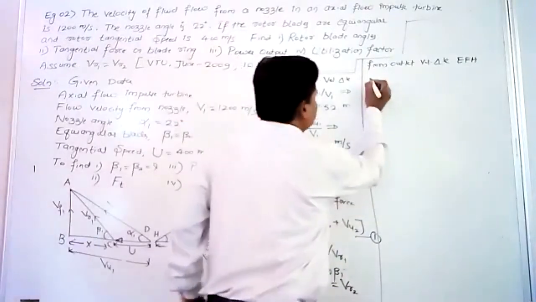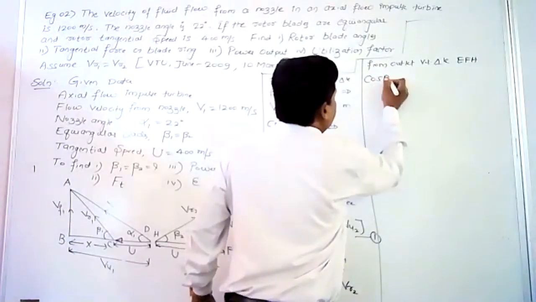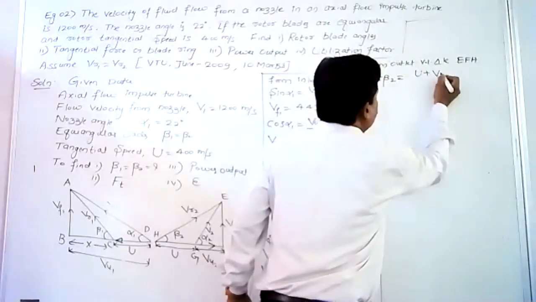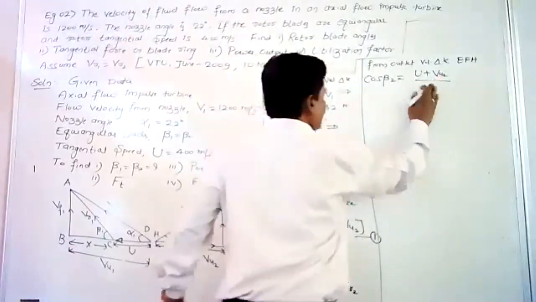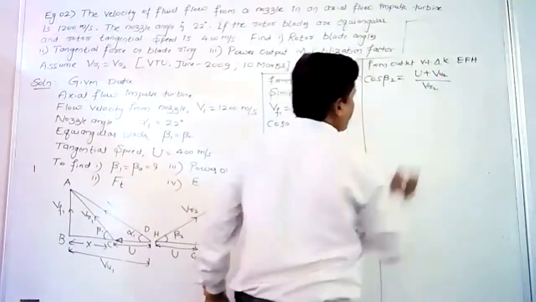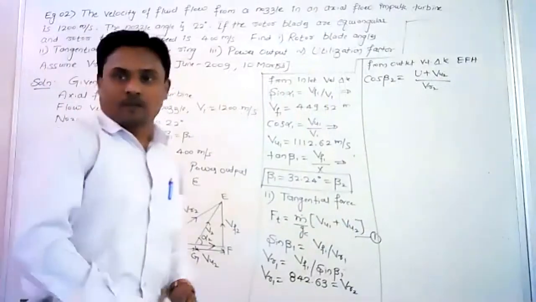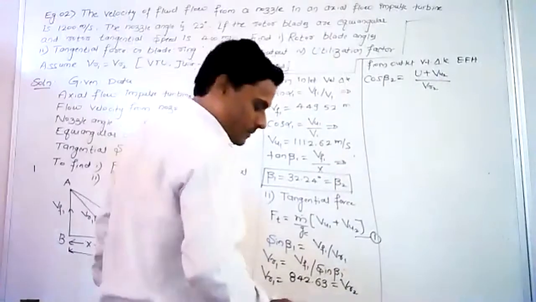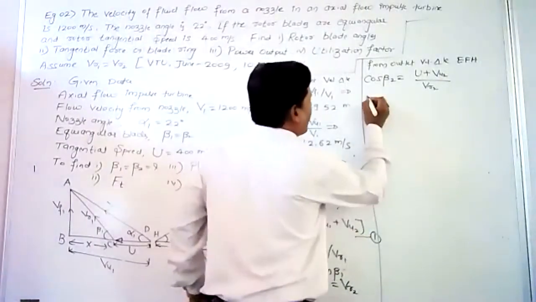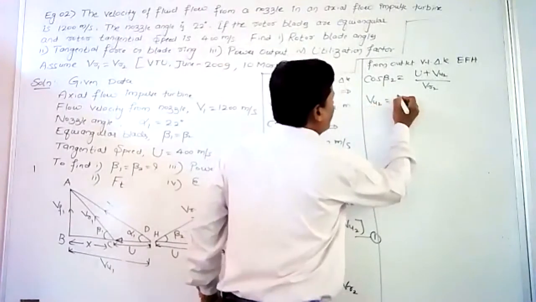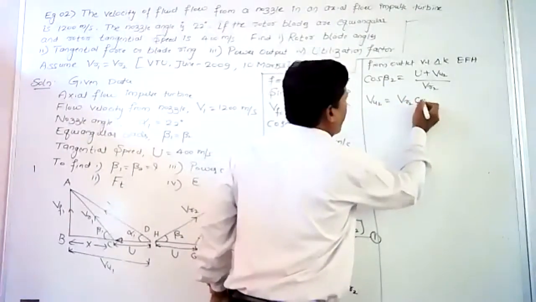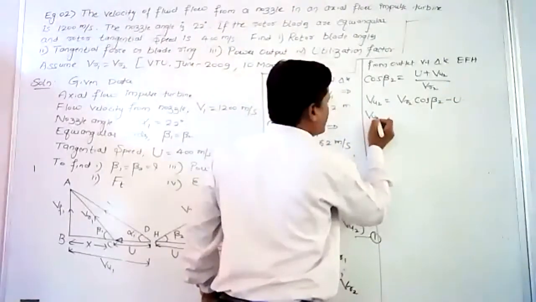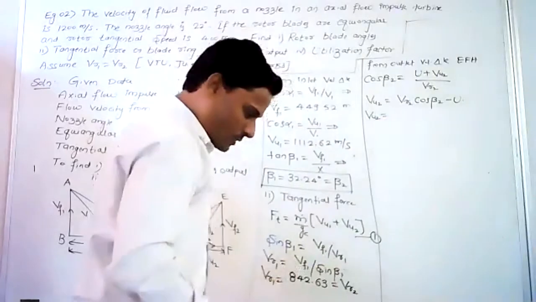Cos beta 2 equals base, which is U plus VU2, divided by hypotenuse VR2. Just simplify and quickly get the value. VU2 equals VR2 cos beta 2 minus U. Come on, VU2 equals how much?